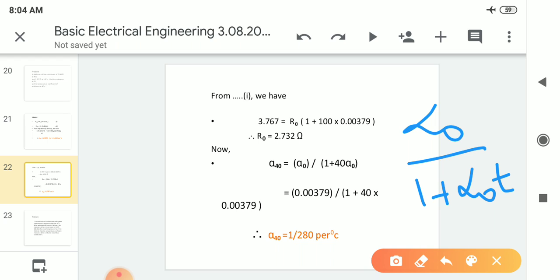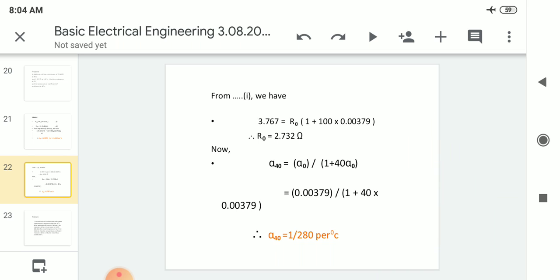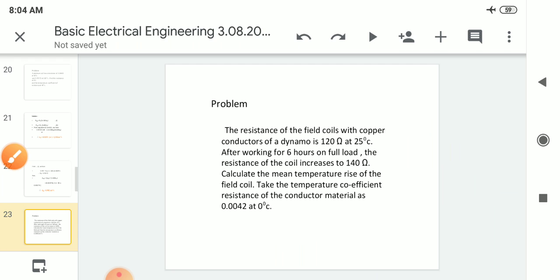Simply we are getting the value of alpha at 40 degrees centigrade. This is a routine question. It comes in your exams. Here we are using this equation. Hope you understand these models.